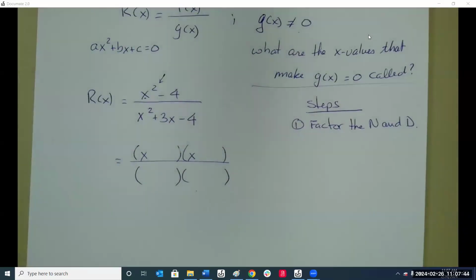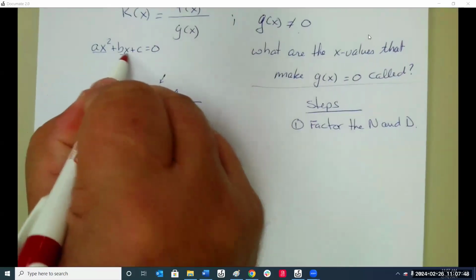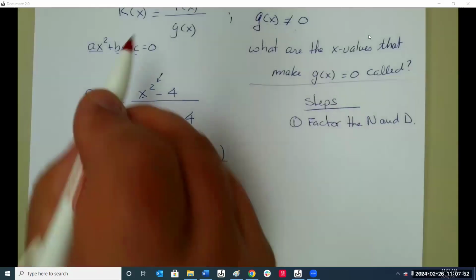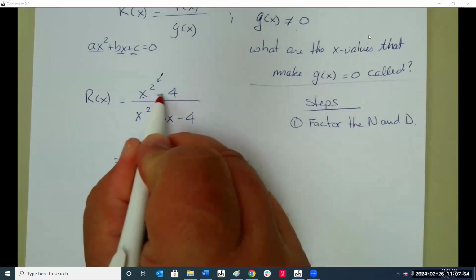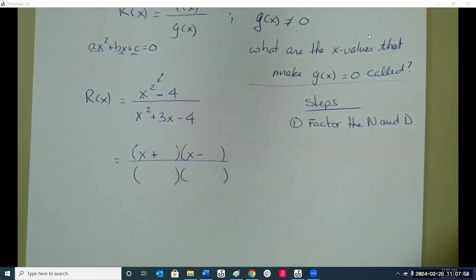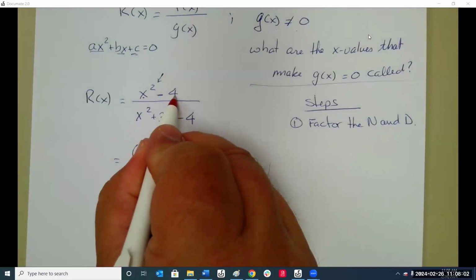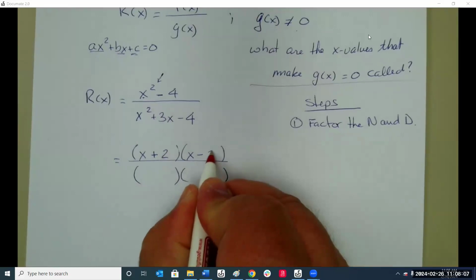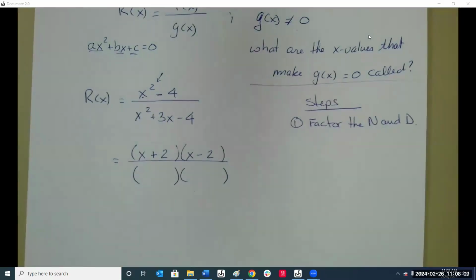In standard form, you have the squared term, the single term, and the constant, but ours is missing the middle one. Here we have a negative, and if that's a negative, that means the signs have to be different. So what times what is 4, where when you add or subtract them you get 0? 2 and 2. This is the difference of two squares.